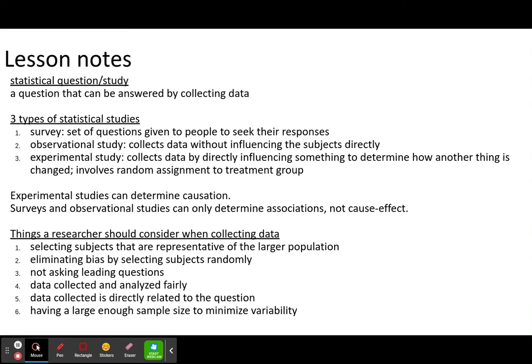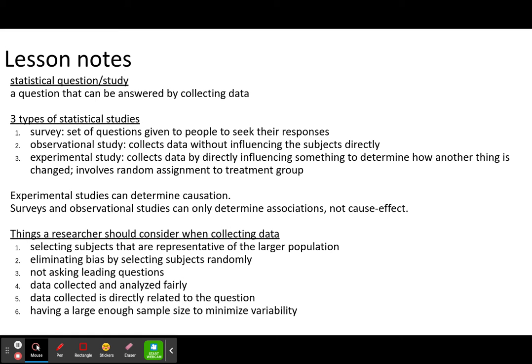An observational study is when you're actually collecting data without influencing the subjects directly. So you're simply observing, sounds like observe. So in an observational study, you're simply just observing people to see what they do. You're not directly influencing. You're not imposing treatment on them, etc.